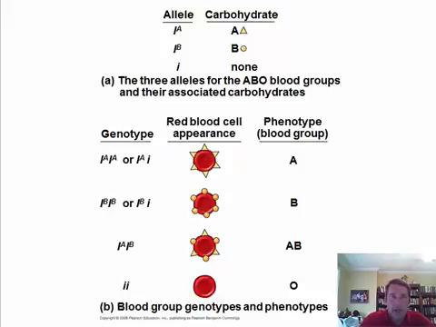So you carry enzymes, and these will have carbohydrates added to them. And so you can have carbohydrate A, carbohydrate B, or you can have both carbohydrate A and B, or you can have neither carbohydrate A or B. Those are the four possible outcomes in your blood type.